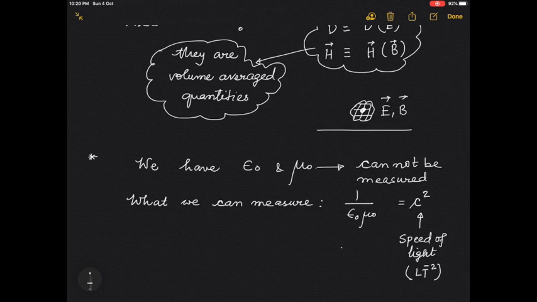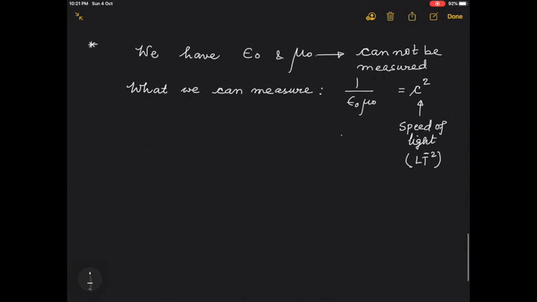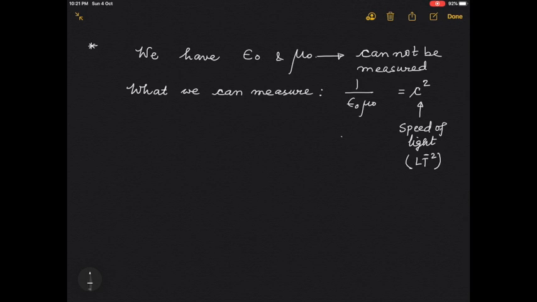Well, that doesn't mean that you cannot measure the relative permeability and relative permittivity. They can be measured, obviously, because they are ratios of certain things. But what we call the free space permittivity and permeability cannot be measured.